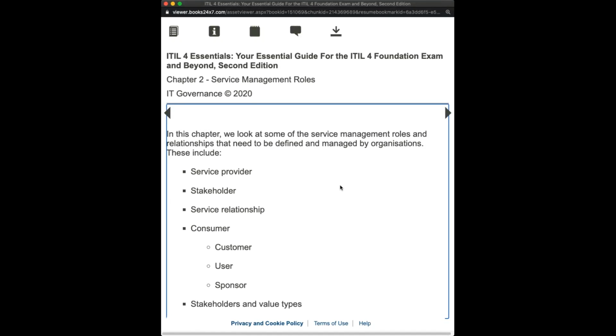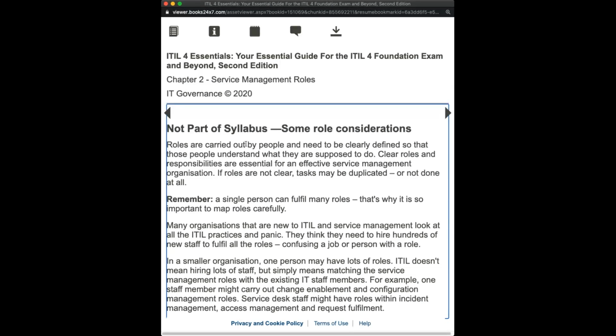Who are these customers? The service relationship, and how we define that relationship depends on the consumer. So we do have the customer, the user, the sponsor. We have the stakeholders and value types. So a lot of similar terms, and we hope it's more broken down.